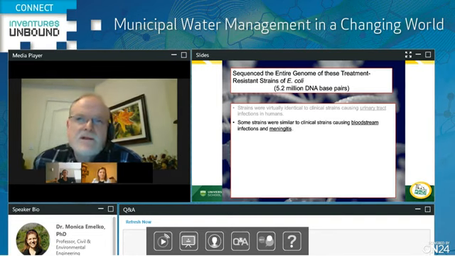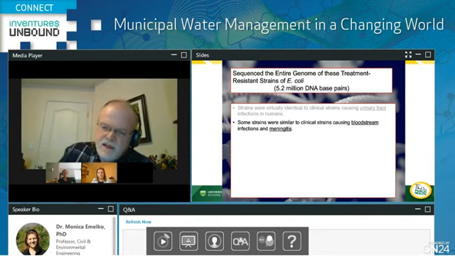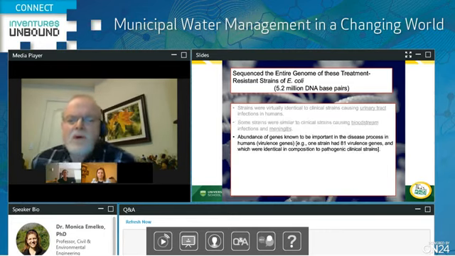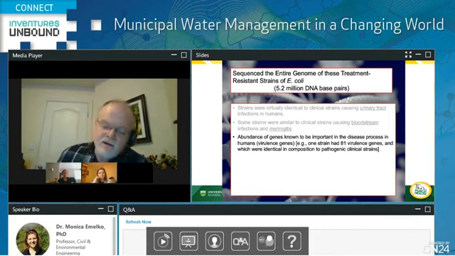And we were finding these genes in these particular E. coli coming out of a wastewater treatment plant, and they carried a number of other important virulence genes, or disease-causing genes. For example, in one strain, we had 81 virulence genes, and these were identical in composition to pathogenic clinical strains that we have examples of.